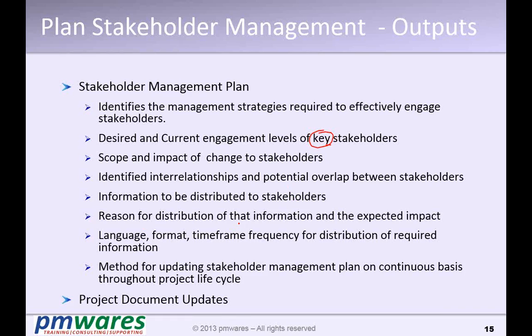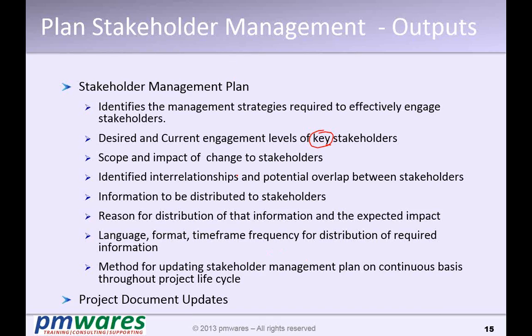What kind of information they look for, how that will be distributed, in what format they want it, what their needs and issues are, and how we can resolve their issues and address their needs. What language is familiar, what format they want, and what frequency they need information.